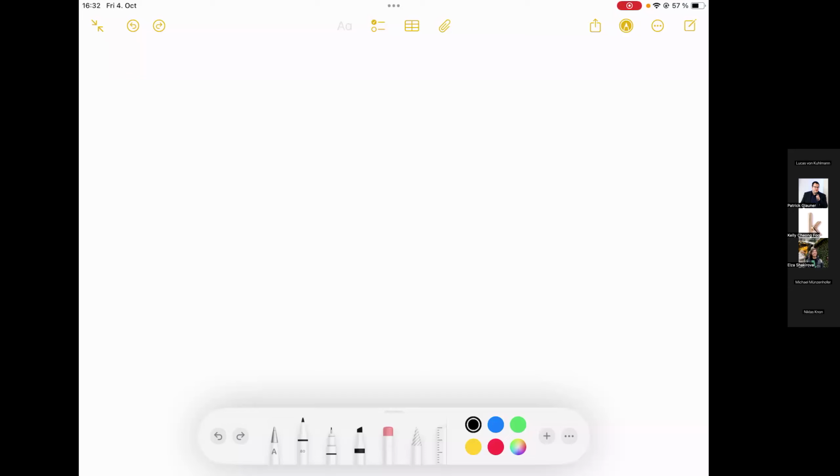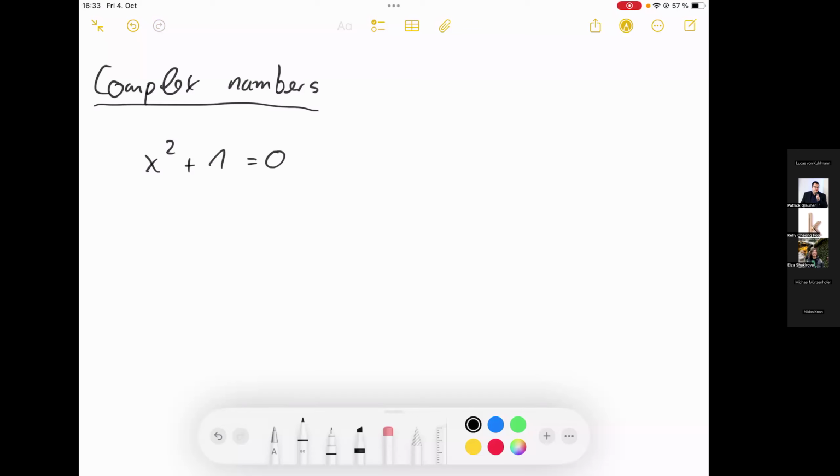So we'll start with the complex numbers. And my handwriting is not too great, but all the stuff I'm showing to you is typeset on the slides or in the book. So that's easier to look at for a revision. And we said, for example, x squared plus 1 is 0. We are unable to solve this with the real numbers.